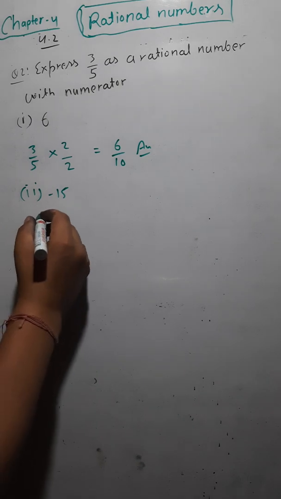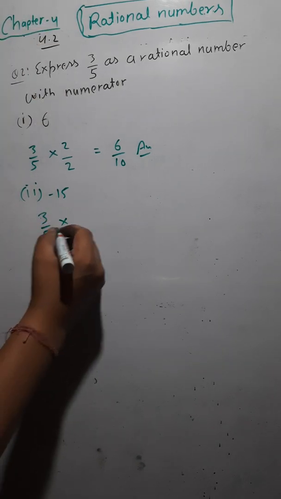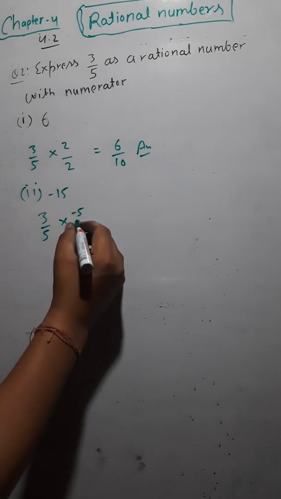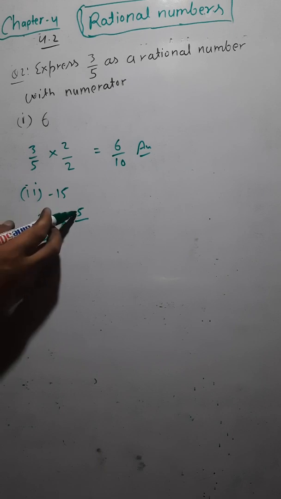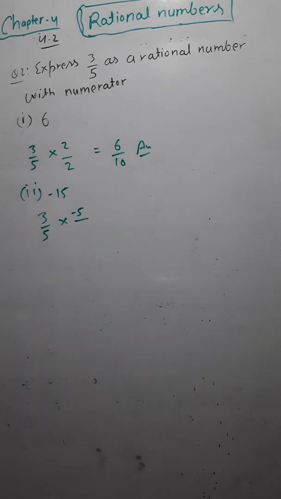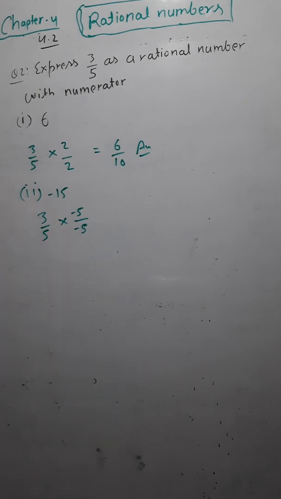So what would I be doing? I would be multiplying the numerator 3 by minus 5. Why minus 5? Because I have to make this numerator minus 15. So it will become minus 15, if you see, 3 5 is 15 and minus is this, so minus 15. If you are multiplying the numerator by minus 5, then at the same time you would be multiplying the denominator also by minus 5, by the same number. Okay.